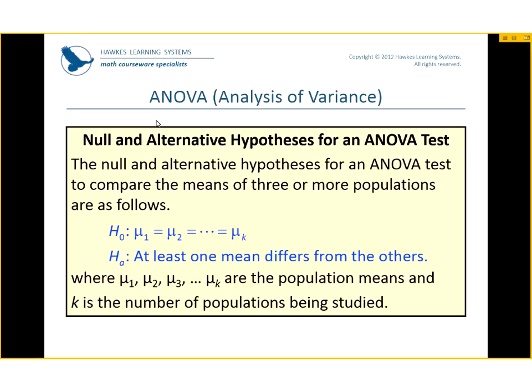So if I'm comparing three populations of students, maybe the campuses of Cartersville, Rome, and Marietta, and I'm studying the mean GPA, all I have to do is find one difference. If there's a difference between Cartersville and Rome, as long as I have one, then I'm going to reject that null and keep my alternative.